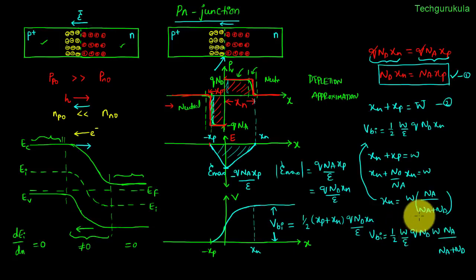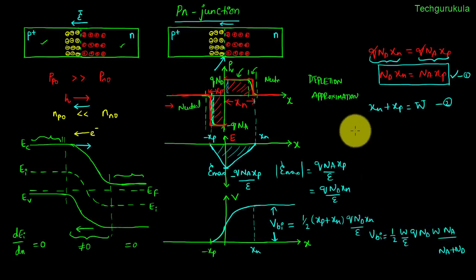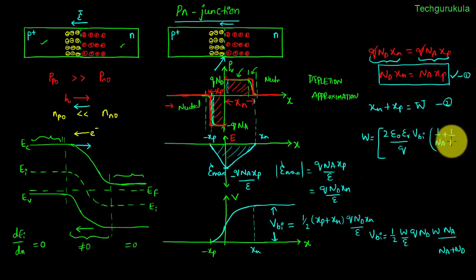So let me find the W value. W can be written as 2 times epsilon, where epsilon can be written as epsilon naught times epsilon r, over Q times VBI, times 1 by Na plus 1 by Nd, whole power half.